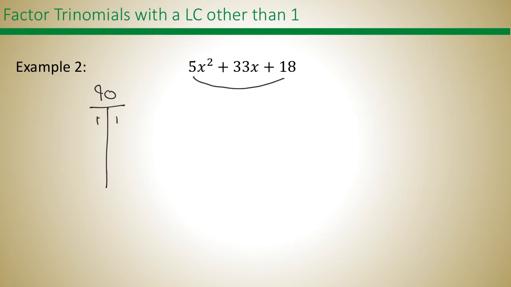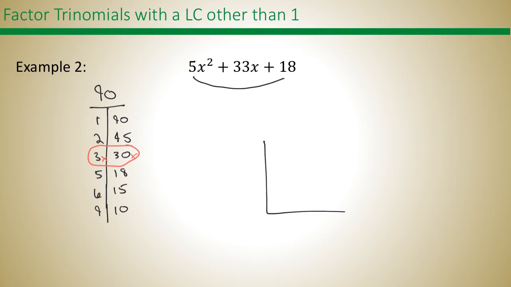So 1 and 90, 2 and 45, 3 and 30. 4 is not a factor. 5 and 18, 6 is going to go in 15 times, and then 9 and 10. Those are all my factors. So 30 and 3 are the factors that I want, so 3x and 30x. Now, put this in a box.